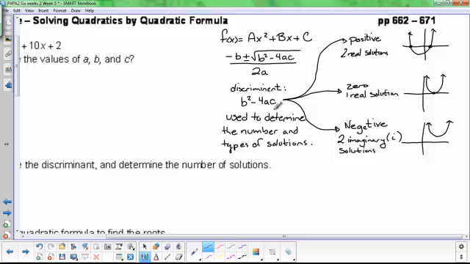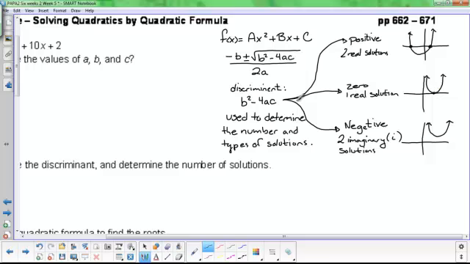If the value of the discriminant is a positive number, you will have two real solutions. The graph of your parabola will look similar to this one, where it crosses the x-axis twice. If the value of the discriminant is equal to 0, it will have one real solution, and the graph of your parabola will look like this, where the parabola itself touches the x-axis in one place.